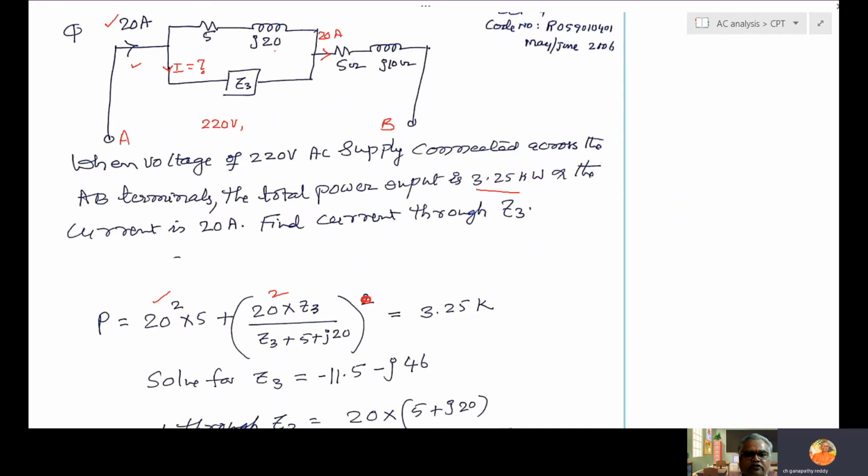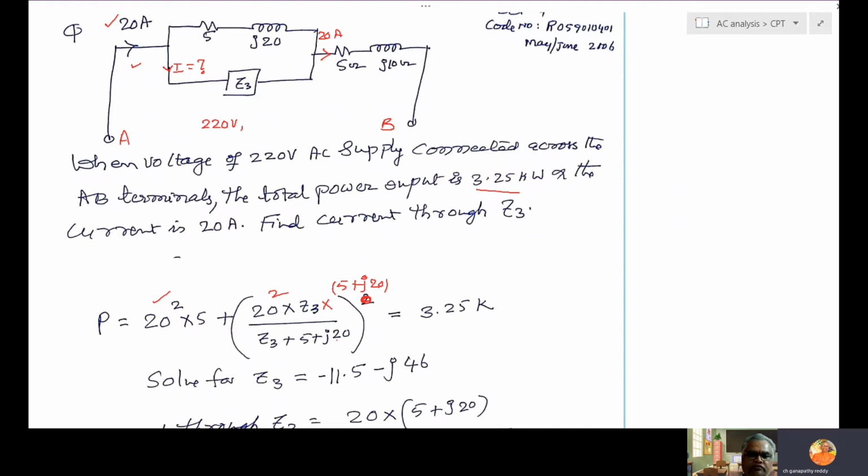So 20 square into Z3 into 5 plus J20 by Z3 plus 5 plus J20.